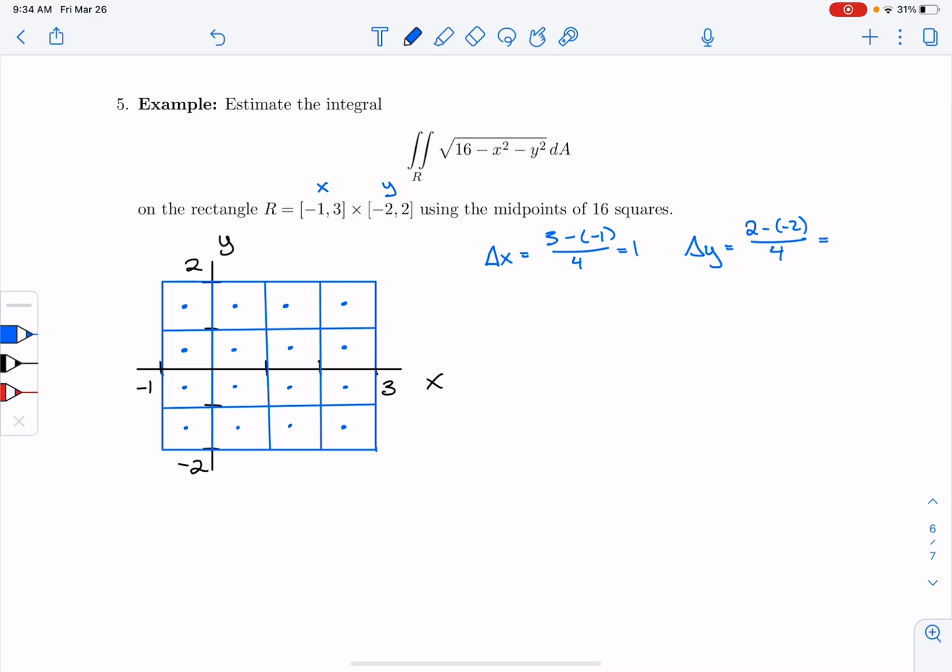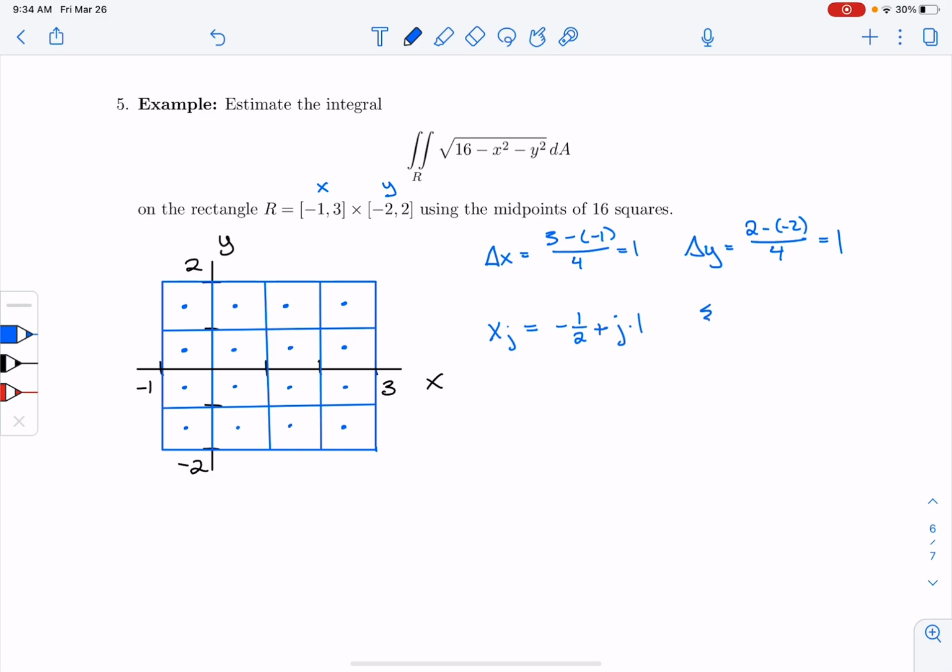And that's also going to be 1. And then we're going to define these midpoints. So the midpoints are going to be x sub j, and they're going to start at x equals -1/2, and then we're going to add j times delta x, which is 1.